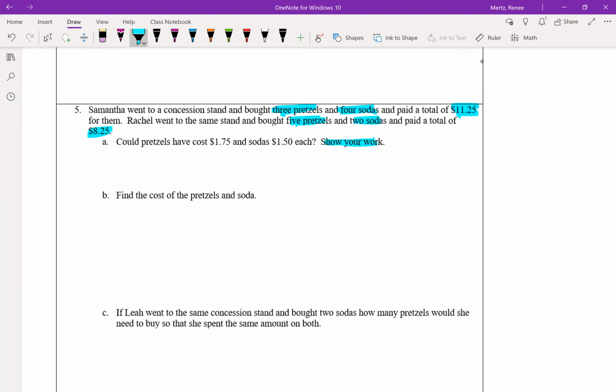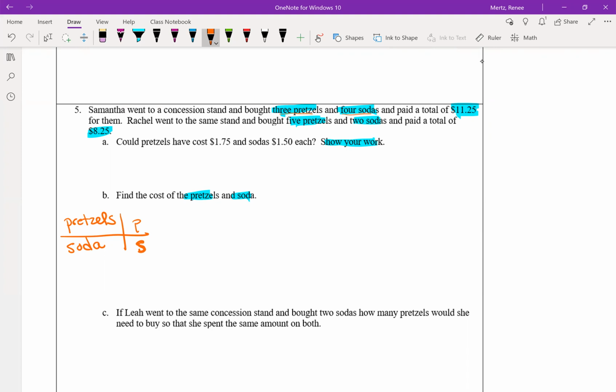Show your work. Find the cost of a pretzel and a soda. So let's make variables first. I'm going to go with P and S. A pretzel will be P, a soda will be S.